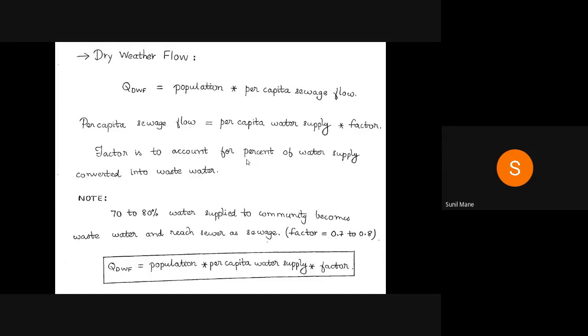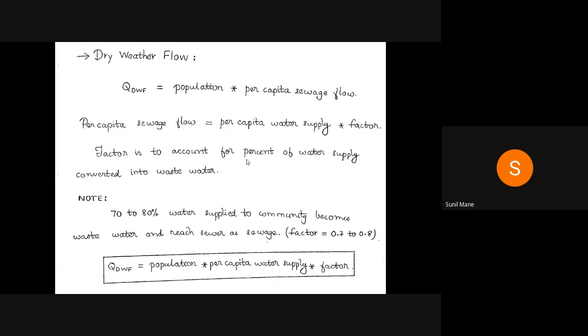Whenever we are concerned about collection, that means quantity. So we have to go for quantity estimation. In quantity estimation we have DWF and WWF, that is dry weather flow and wet weather flow.